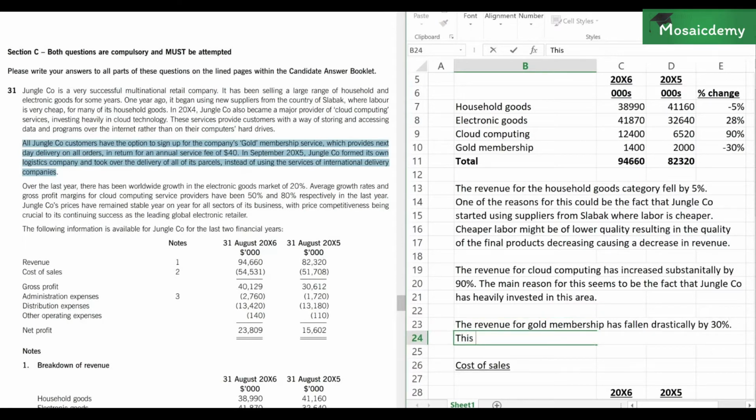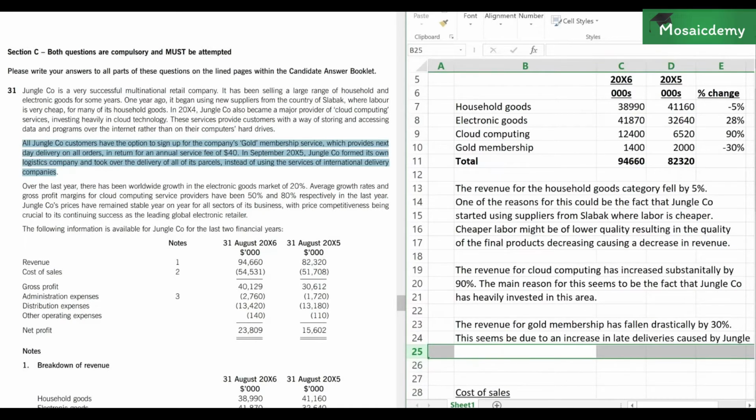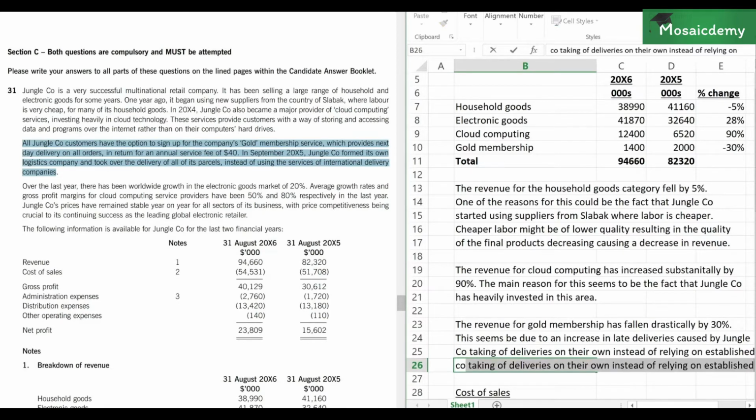This seems to be due to an increase in late deliveries caused by Jungle Co taking care of deliveries on their own instead of relying on established companies.